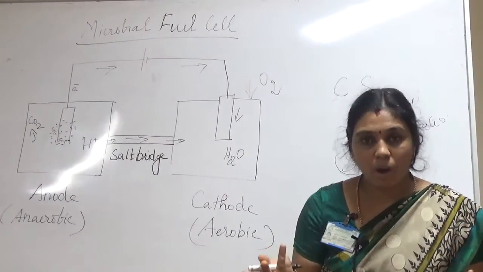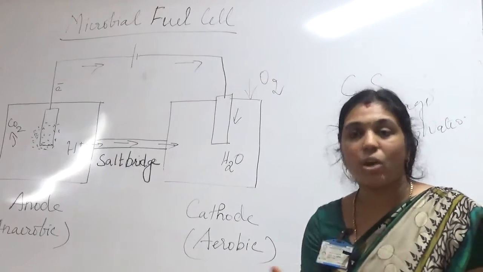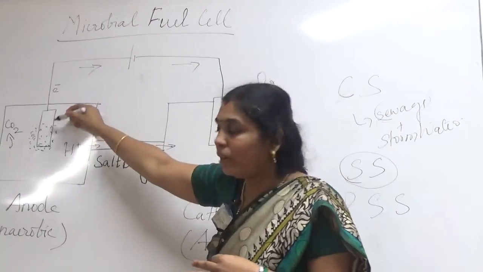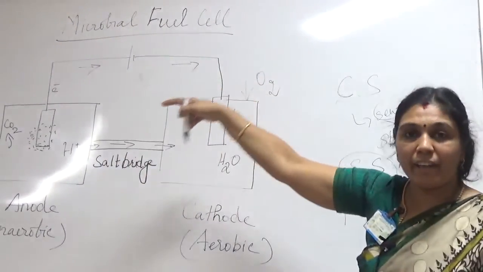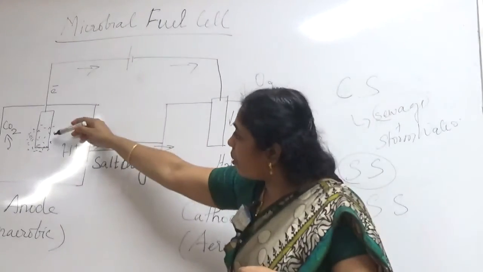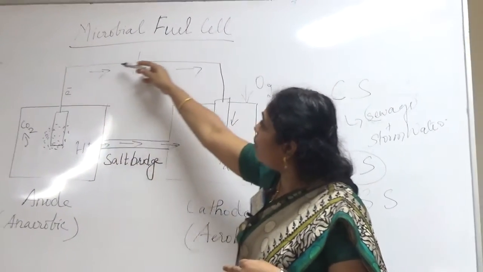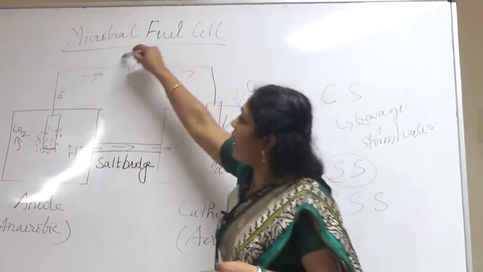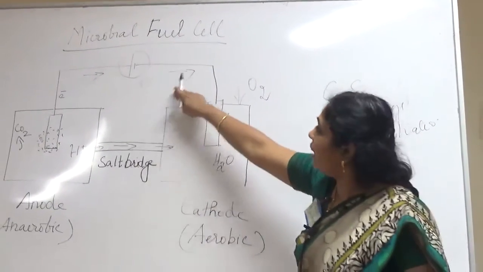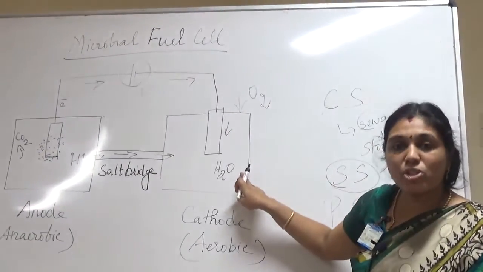As there is no oxygen in it, all these electrons travel towards the electrode. These electrodes are graphite electrodes, and the electrons are taken to the voltage, and here the current is produced, and then it passes through the cathode chamber.